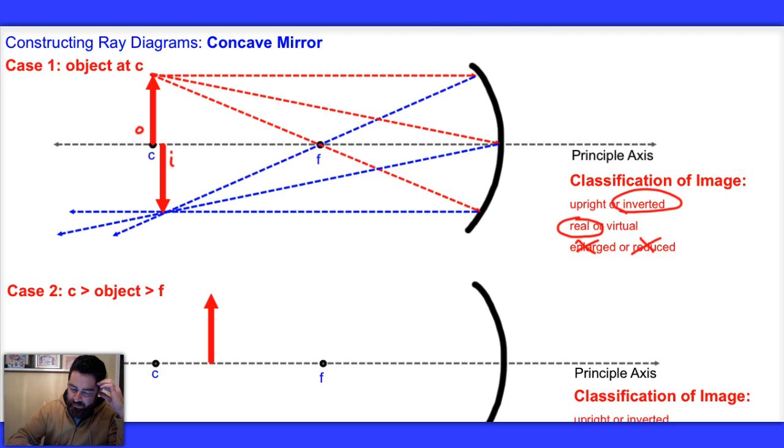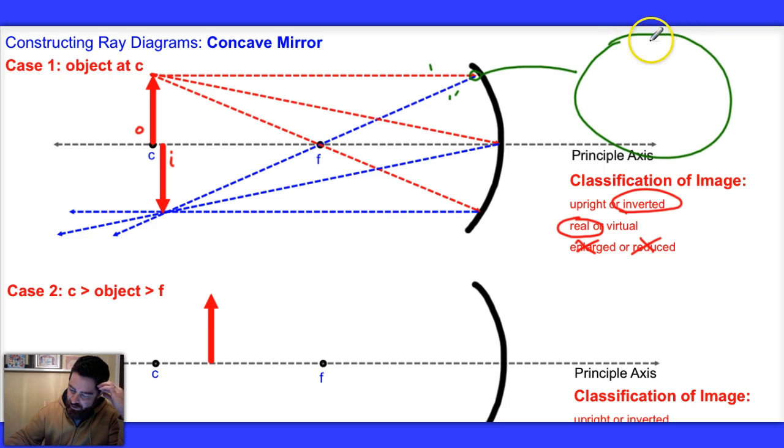One point of interest here, if I were to take a look at any one of these points, let's take a look at this one small interaction here between this incident ray number 1 and what we'll call reflected ray 1 prime. If we were to blow that up to a magnification of many orders, we would see that the curvature of that portion of the mirror is really minimized. And nothing fancy is going on here. The physics of the interaction of the light here, I've gone ahead and drawn my normal line in.